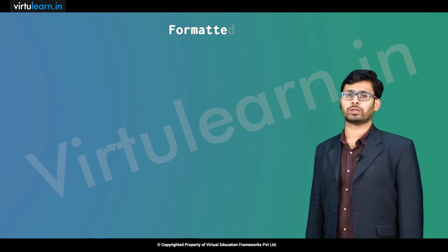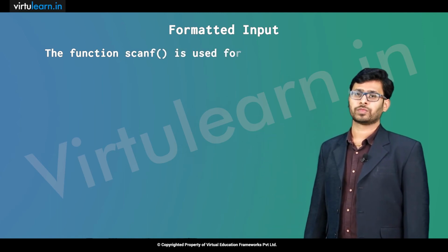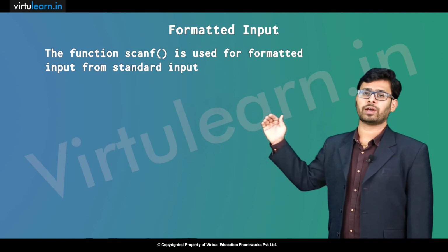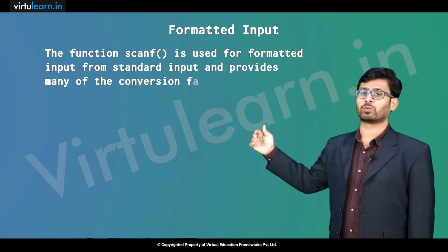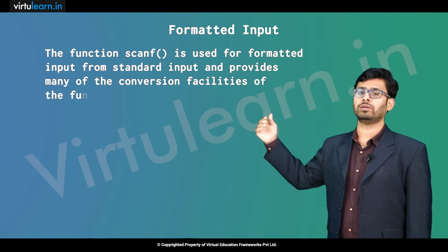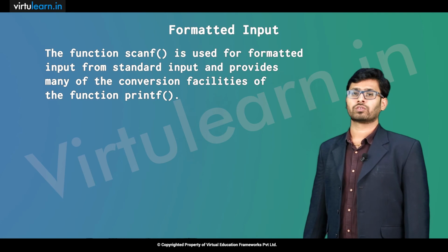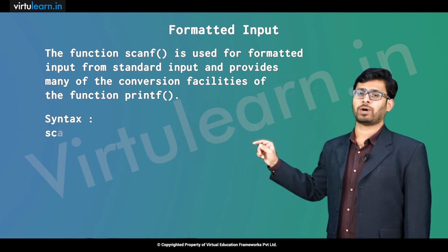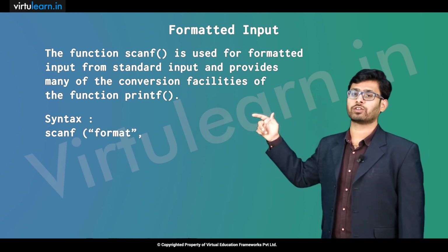After the format specifiers, we need to give the address list, address of num1, comma, address of num2 and so on. The function scanf reads and converts characters from the standard input depending upon the format specification string and stores the input in the memory locations represented by the other arguments. That is in num1 and num2, whatever arguments we are providing, the data is going to be stored in those particular locations.